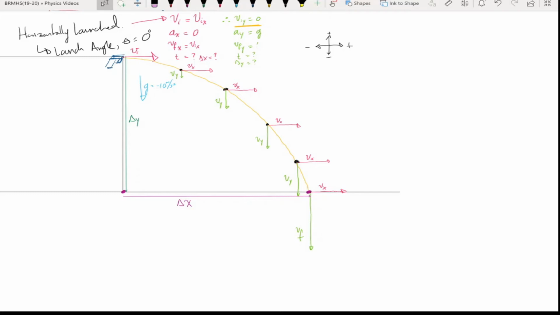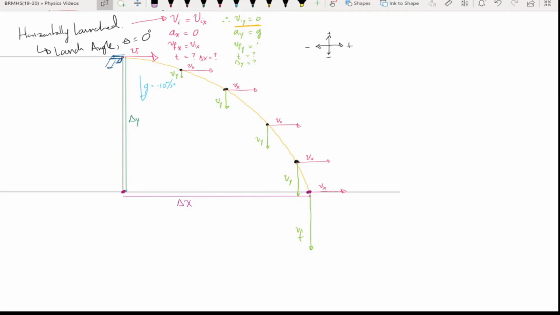Delta x is how far the thing has moved horizontally. And then the light green is the vertical velocity, which is increasing in magnitude because of little g, but it's always pointing downward. And then delta y is how far it's been displaced in the y direction, which is all downward. So delta y is going to be some negative value in meters. Delta x is going to be some positive value in meters.